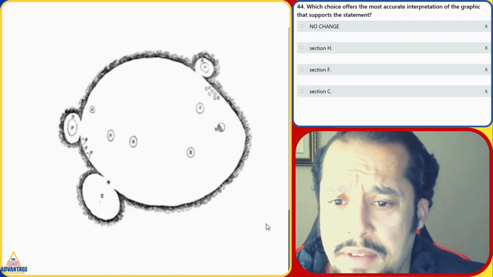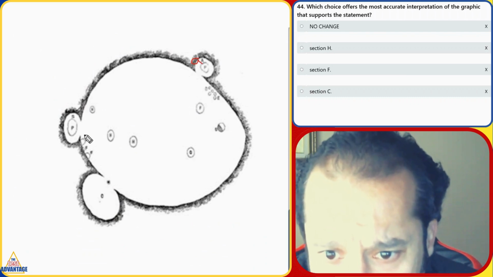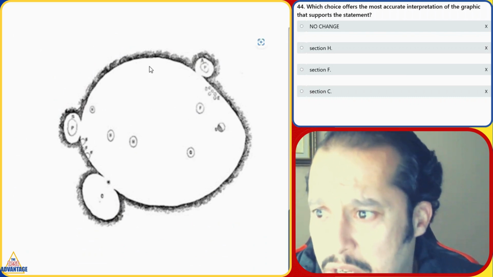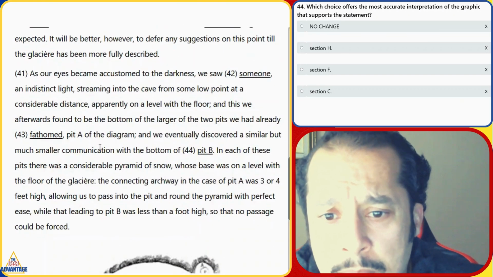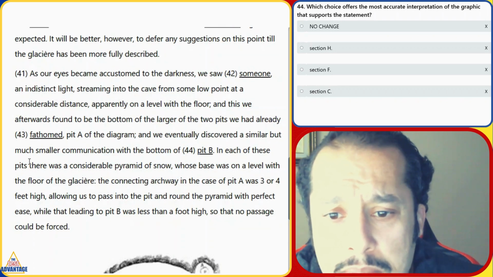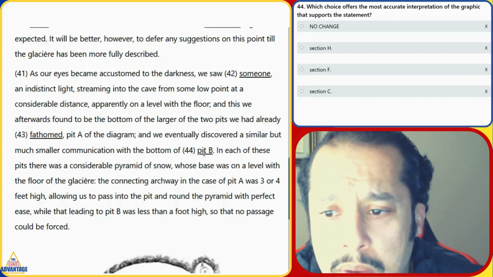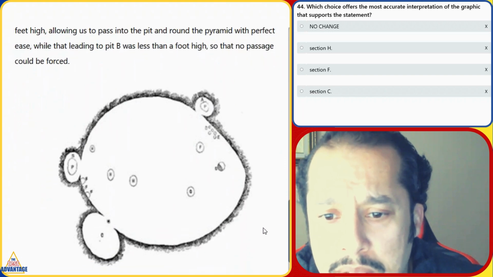44, which is an interpretation of the graphic. So here's the graphic. So I guess this tells me A, B, C. These are letters here. Okay. So 44, pit A of the diagram, and we eventually discovered a similar but much smaller communication with the bottom of, in each of these pits was a considerable pyramid of snow.